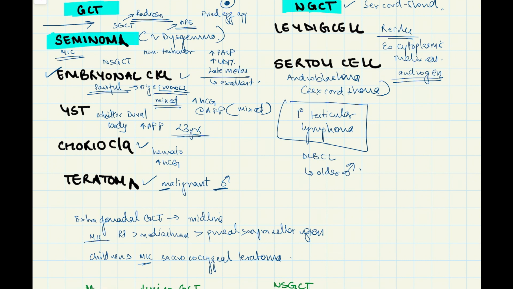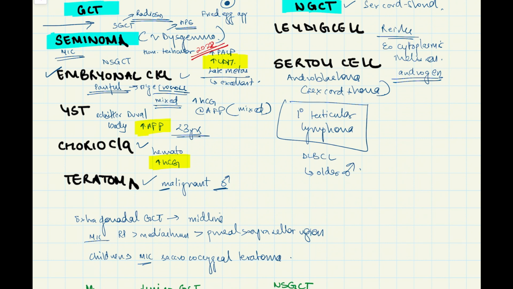So now the tumor markers were asked in this year NEET, right. LDH for seminoma, HCG for choriocarcinoma, AFP for yolk sac tumor.